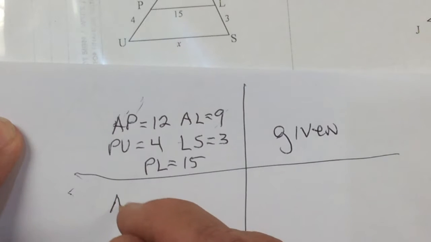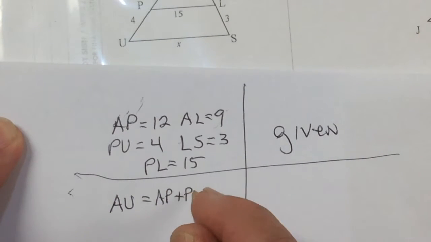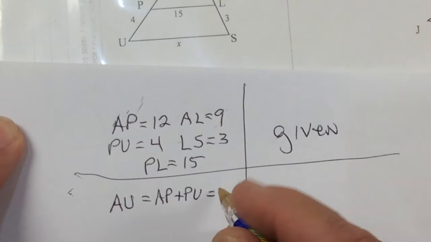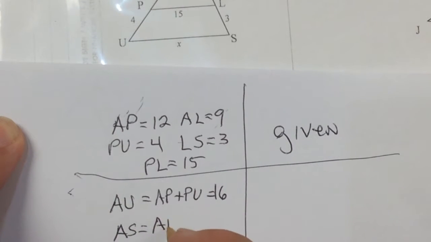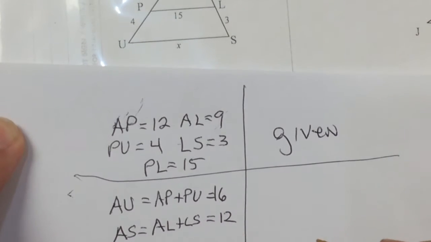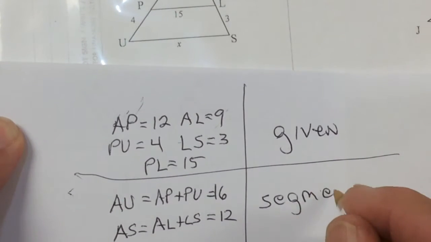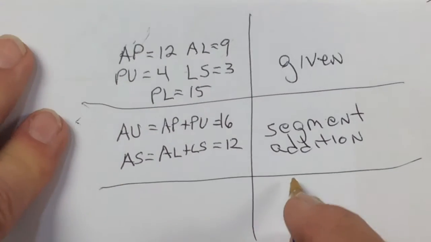What I need is AU, and that's going to equal AP plus PU, which is equal to 16. And I need AS, which is equal to AL plus LS, and that's 12. Basically, all I'm doing is segment addition. I'm adding the segments together.